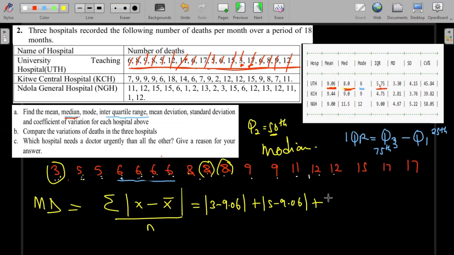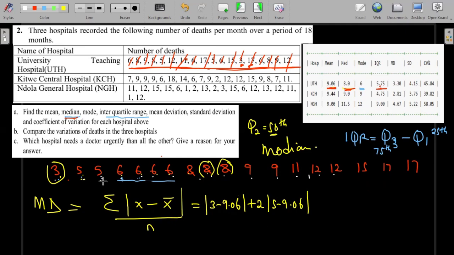I can see another 5 there. If there are two 5s there, we can even just add a 2 in front because it will give us the same value. So for the 5, since there are 2, I'll just write 2 and then 5 minus 9.06 like this.